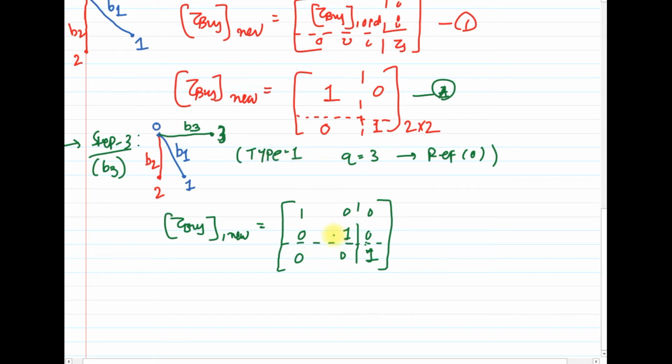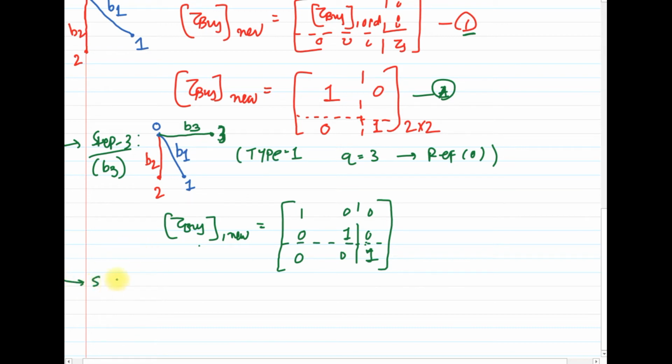Okay, so yes, using this type 1 modification we will get the final answer for this step 3. Clear?